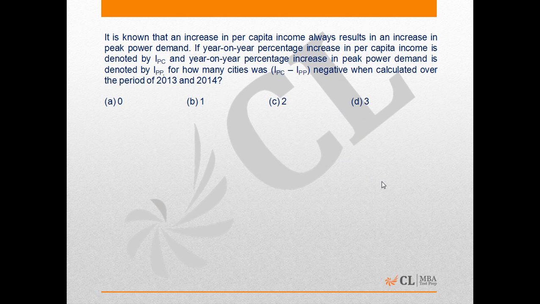In first question, it is given that an increase in per capita income always results in an increase in power peak demand. If year on year percentage increase in per capita income is denoted by IPC and year on year percentage increase in peak demand is denoted by IPP, for how many cities was IPC minus IPP negative when calculated over the period of 2013 and 2014?